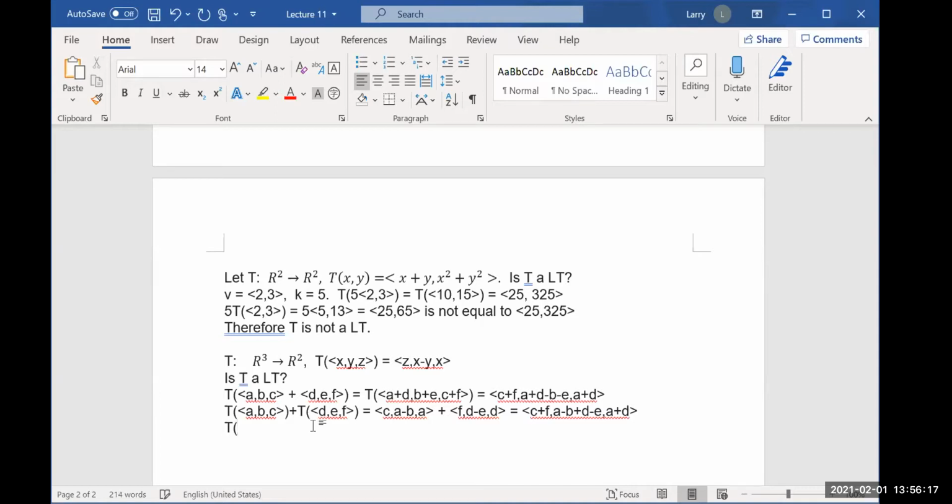Do the same with K. Yeah, so T of K times A, B, C is equal to T of KA, KB, KC, which is equal to KC, comma, KA minus KB, comma, KA. Anyone lost on that?